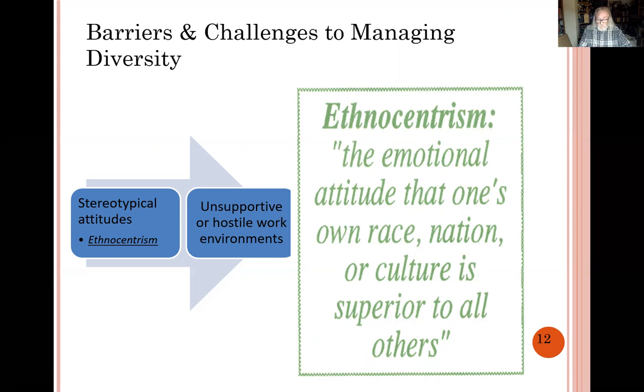The diversity climate in any given organization that you work for is going to be the sum of all the employees who are there, all their attitudes about the organization's diversity policies and efforts, and whether or not they embrace them. And again, smart organizations know that embracing diversity in the workplace often means some changes, means accommodating.